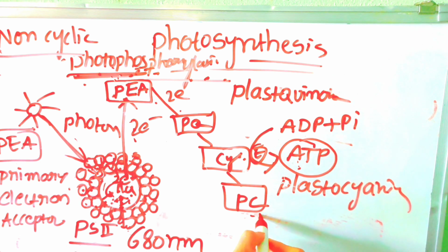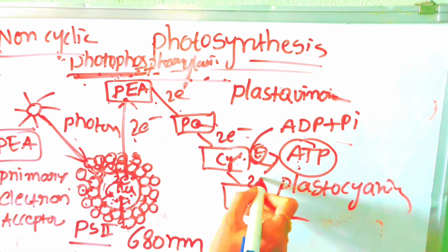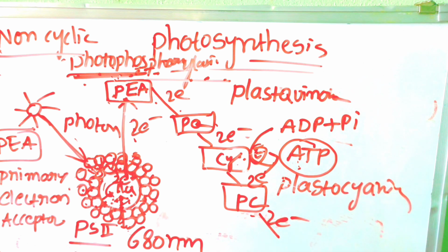So the electrons are transported from the PEA to plastoquinone, plastoquinone to cytochrome, cytochrome to plastocyanin. Again, from plastocyanin to another reaction center. Two reaction centers are involved in non-cyclic photophosphorylation.